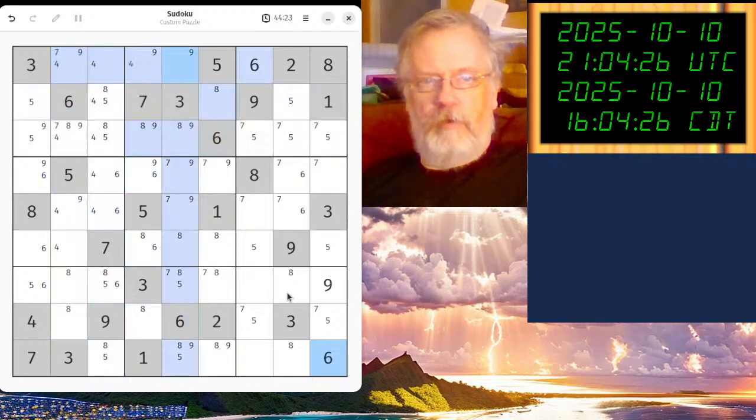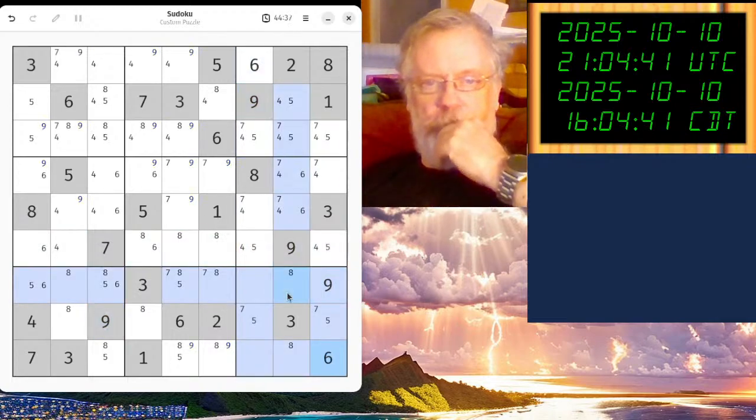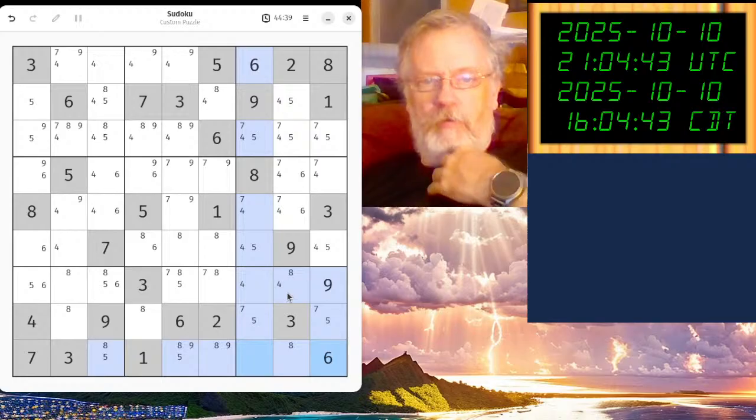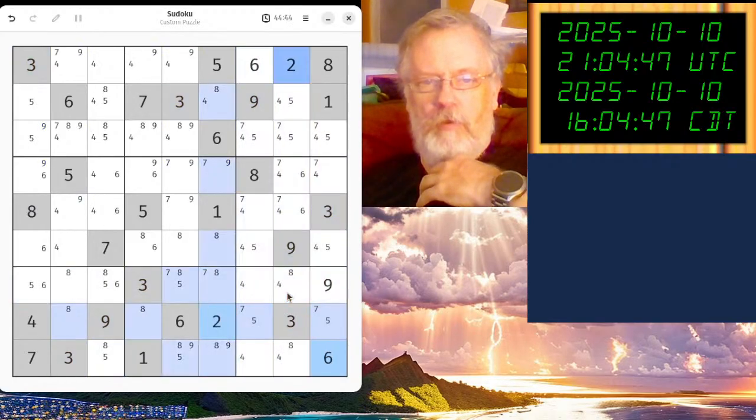Although we do have a couple of places where we know there will not be 4s. But we don't know that yet. Although I do know that neither of these can be a 4. So we are getting some advantage there.